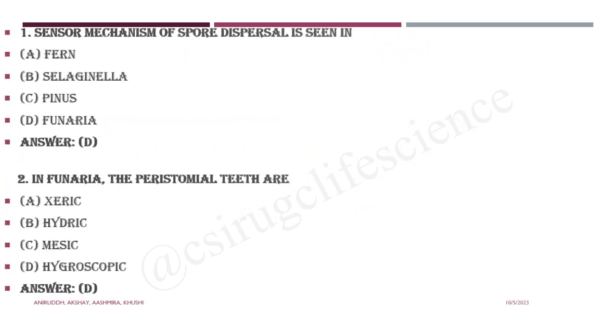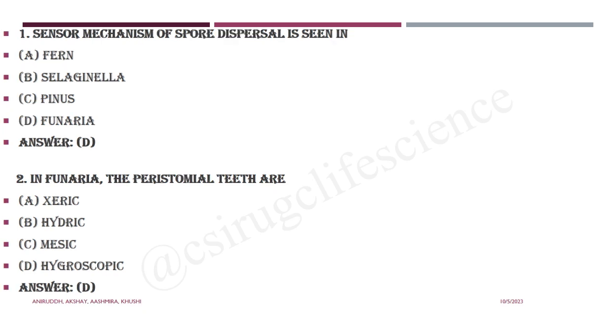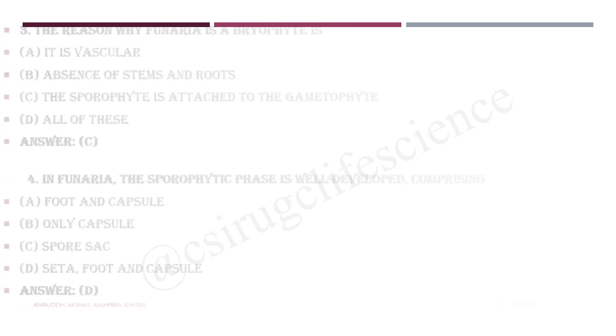Now, you have to solve these MCQs yourself. Question number 1. Sensor mechanism of spore dispersal is seen in. Next, in Funaria, the peristomial teeth are. Next one, the reason why Funaria is a bryophyte is.